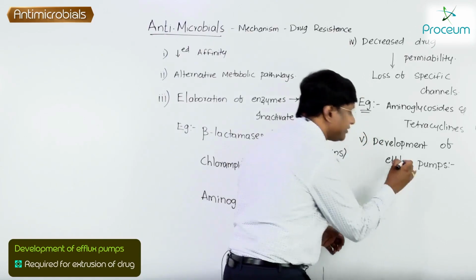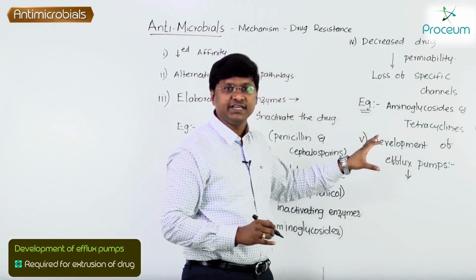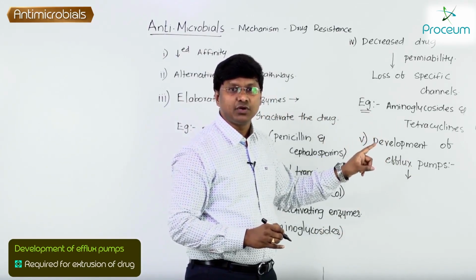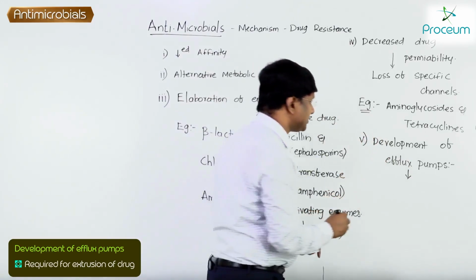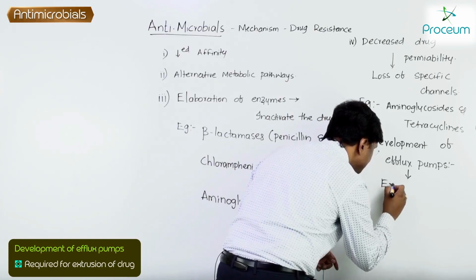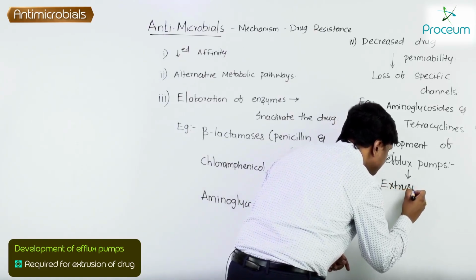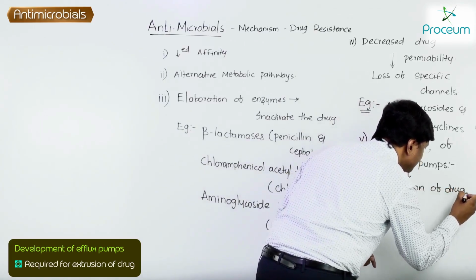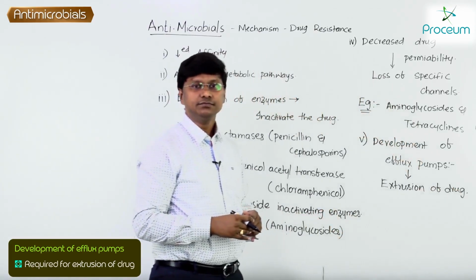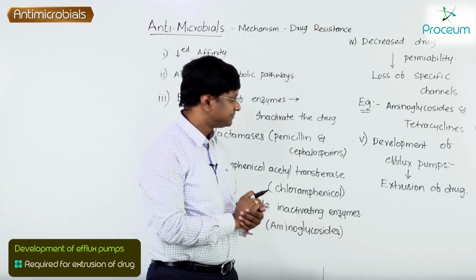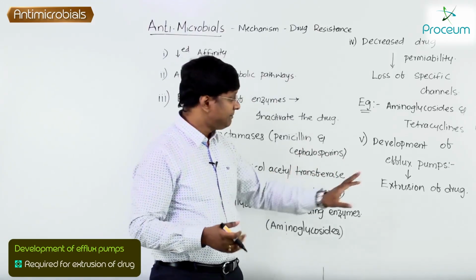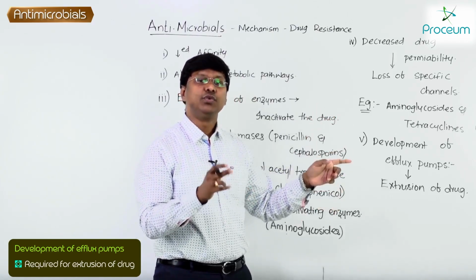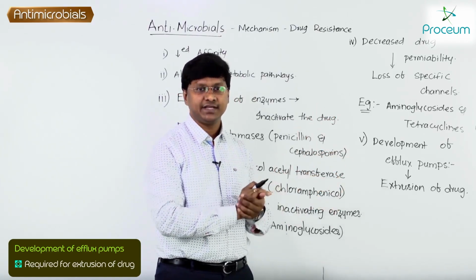What do these efflux pumps do? They will cause the extrusion of the drug. Now, by causing the extrusion of the drug, the organism will develop resistance to the antibiotics.